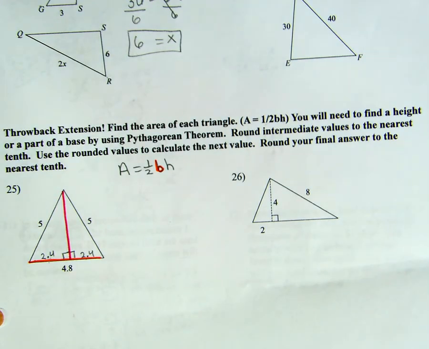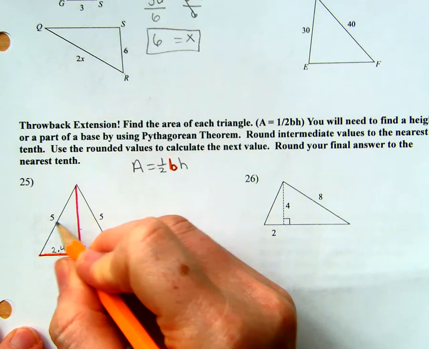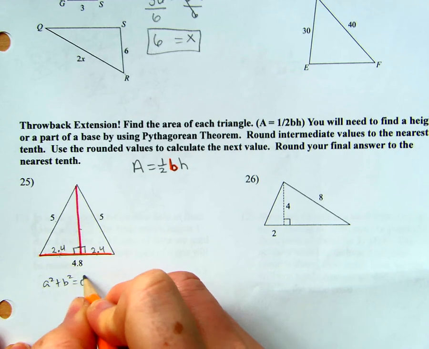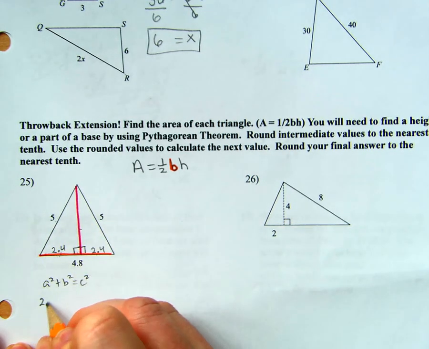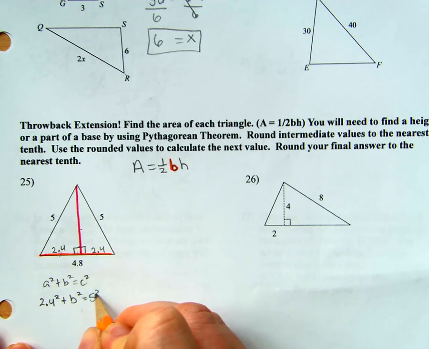And so I need to find the height of my triangle, and I'm going to use Pythagorean theorem to do that. So this would be my A, my B, my C. I'm going to say A squared plus B squared equals C squared, remembering that C is always my hypotenuse. So we're going to have 2.4 squared plus B squared is equal to 5 squared.